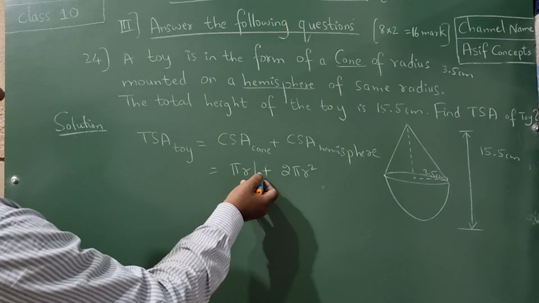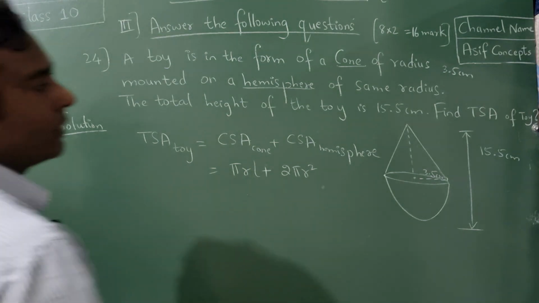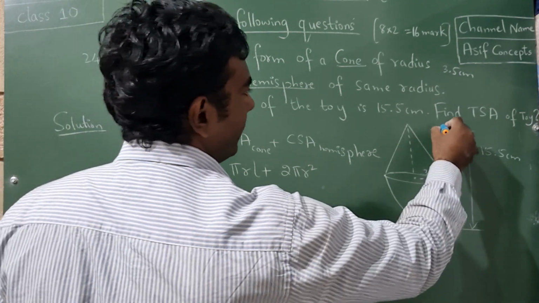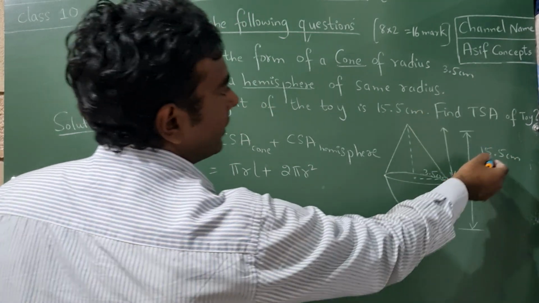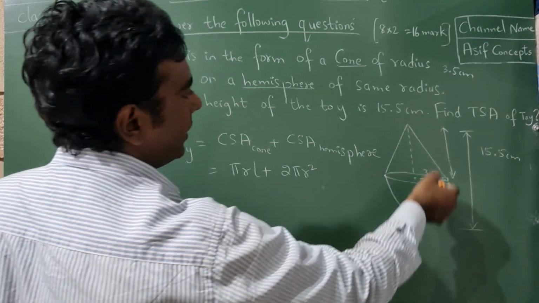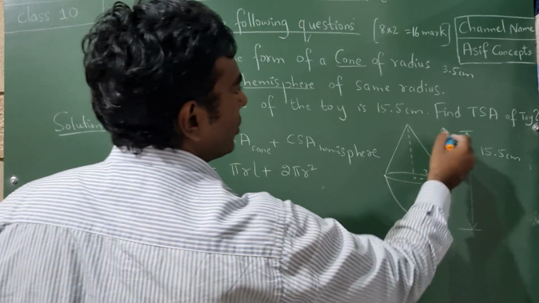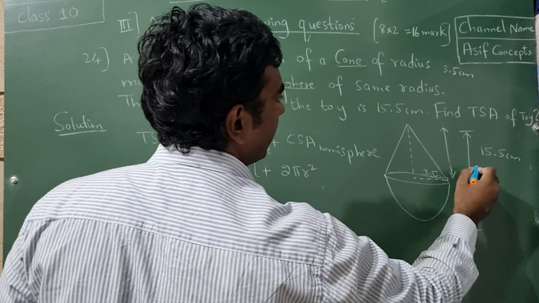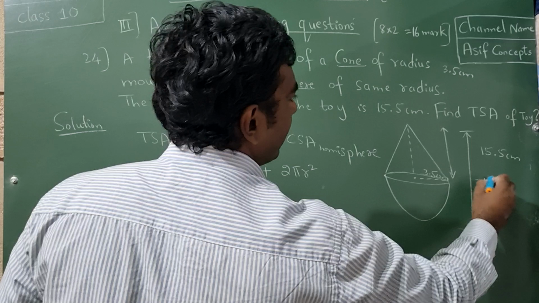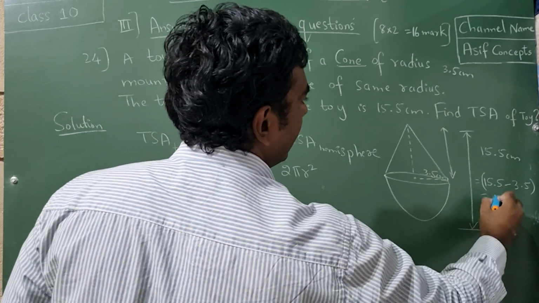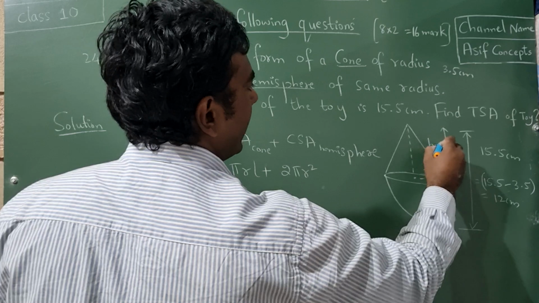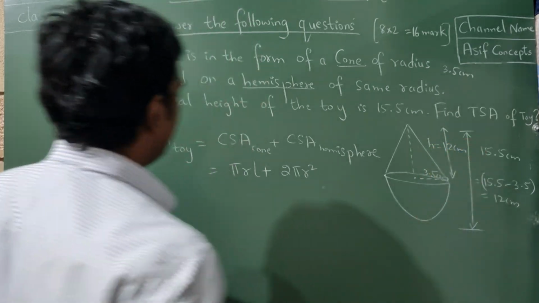Now they haven't given the slant height. To find the slant height, first I am going to subtract this from the total height. So let me write here 15.5 minus 3.5, it will be 12 centimeter. So height of the cone is 12 centimeter.